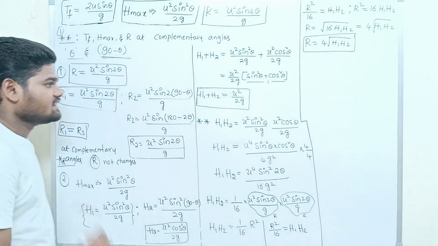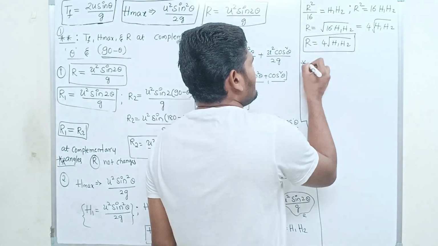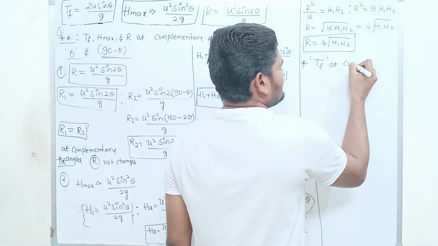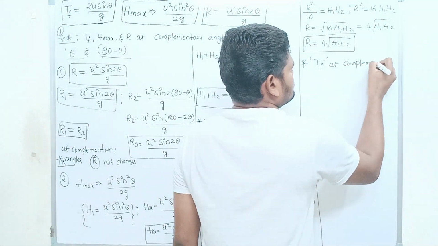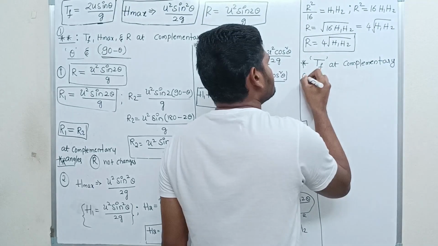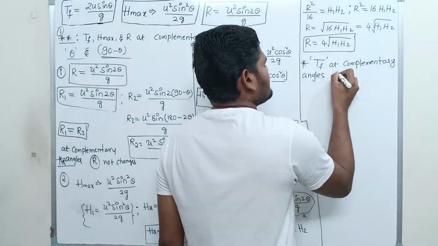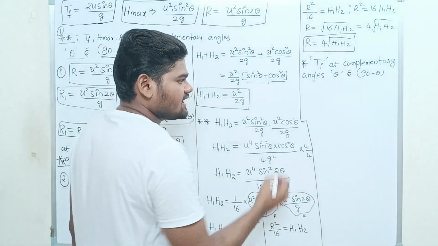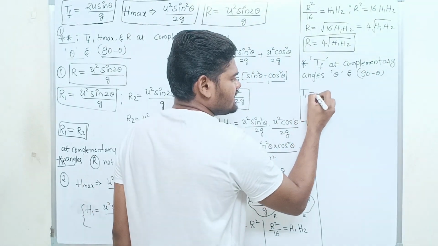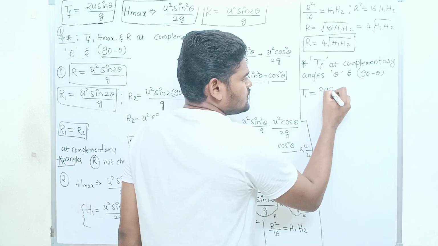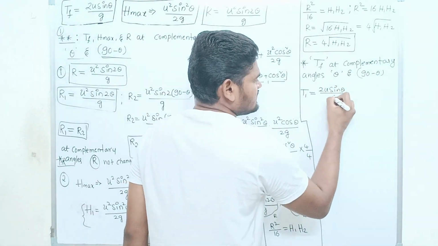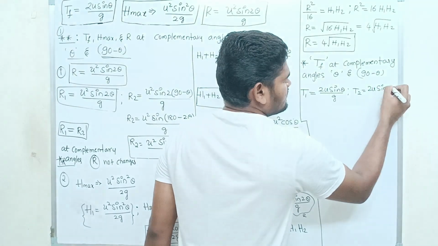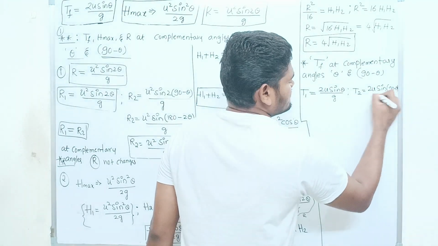So next I want to find the time. So T at complementary angles, time of flight at complementary angles. Okay, so theta and 90 minus theta angle. So what is the time of flight we got? So T1, I'm writing directly. T1 is equal to 2u sin theta by g, and T2 is equal to 2u sin(90 minus theta) by g.